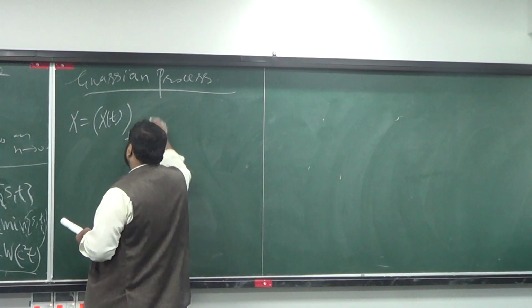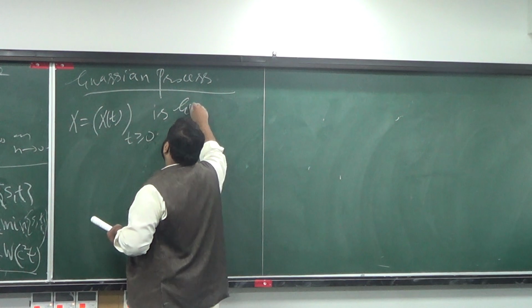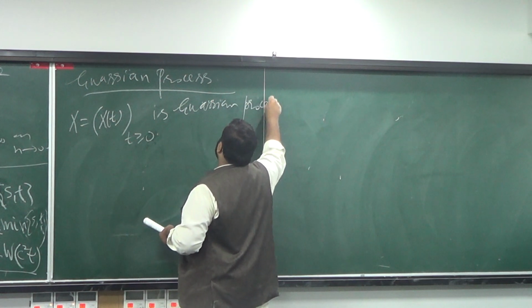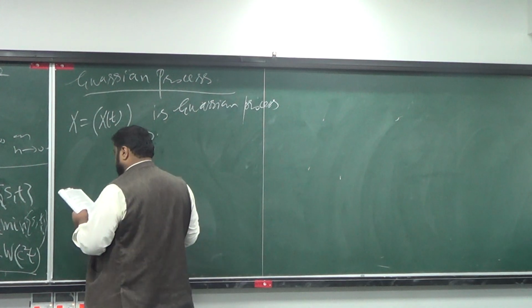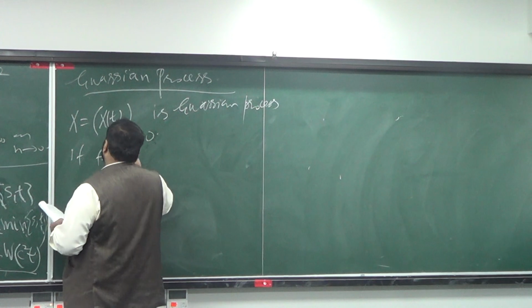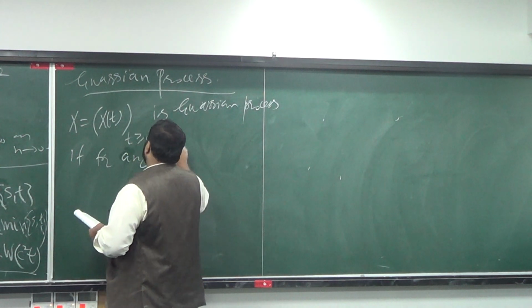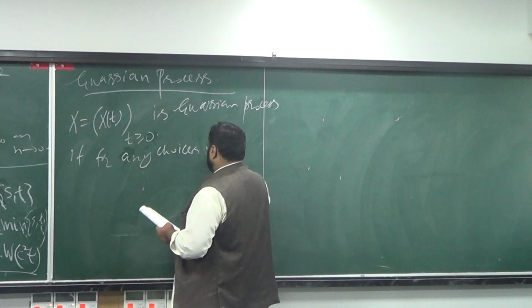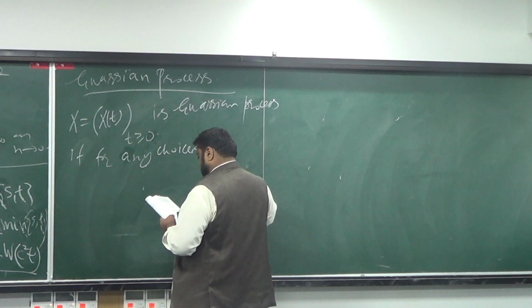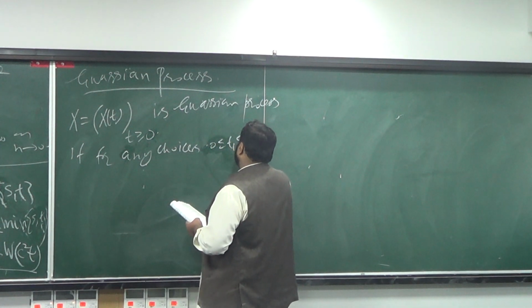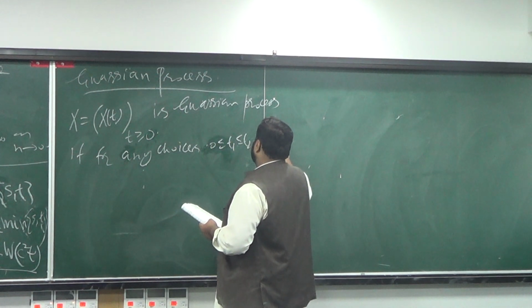So a process is a Gaussian process, okay, if for any choices of instants, choices of say times 0, t1 less than or equal to t2 less than or equal to tn.